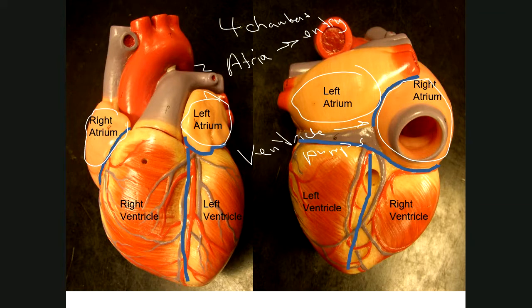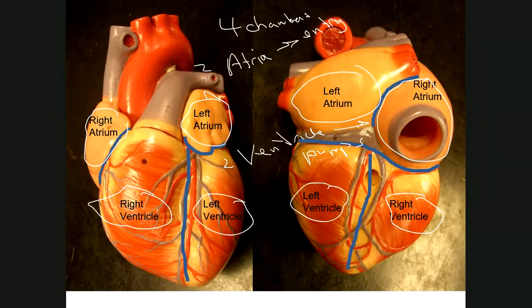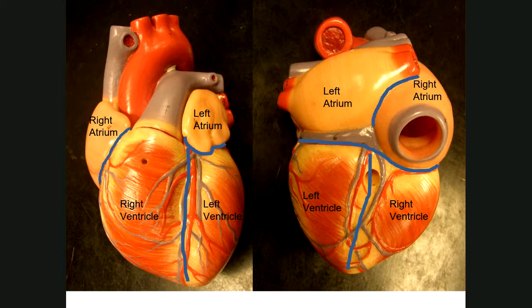There's a right ventricle and a left ventricle. And if we were to open them up, we would see that this one here, the wall is thinner. Thin wall over here. Same thing on here, thin wall. But this one is going to have a much thicker wall. Thick.